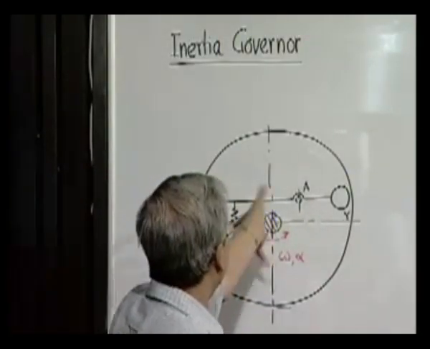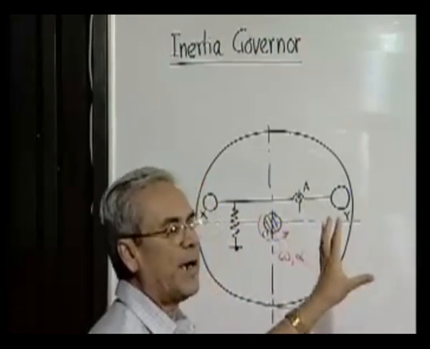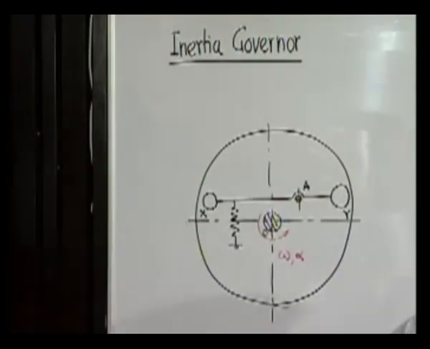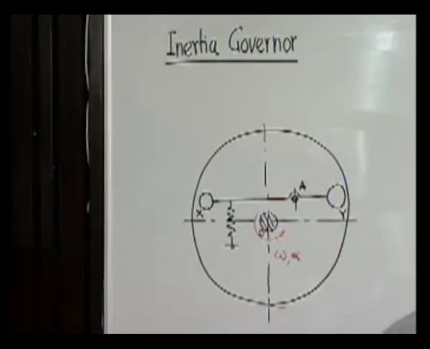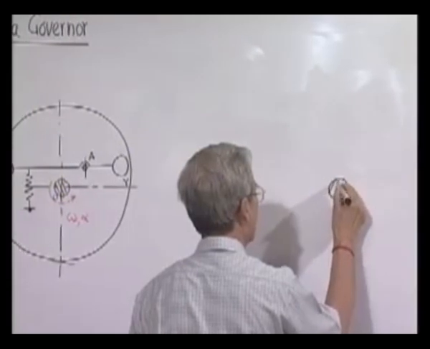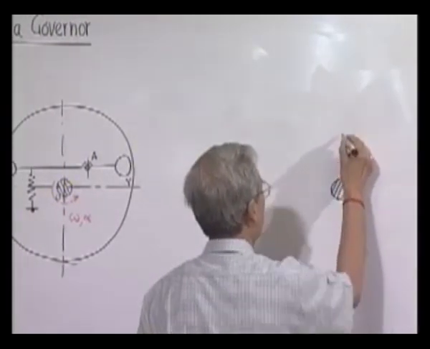So everything in this will be acted upon by an inertia torque in the opposite direction. It is a very standard technique of solving problems in an accelerated frame of reference.